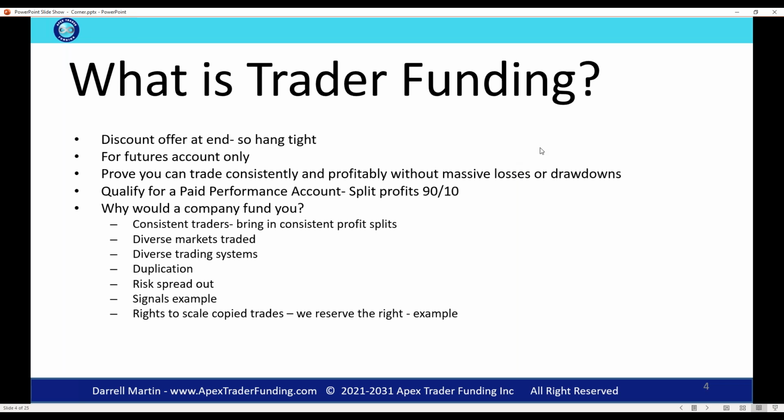So why, as a company, would our company or our group of investors or our backers want to back traders? Why don't we just trade that money ourselves, right? Why don't we just go in huge position sizes and trade ourselves and keep it all? Well, because we're able to find consistent traders and bring in consistent profit splits and a diverse market. Some people trade indices, some people trade commodities, some people trade the New York Open, some people trade overnight, right?